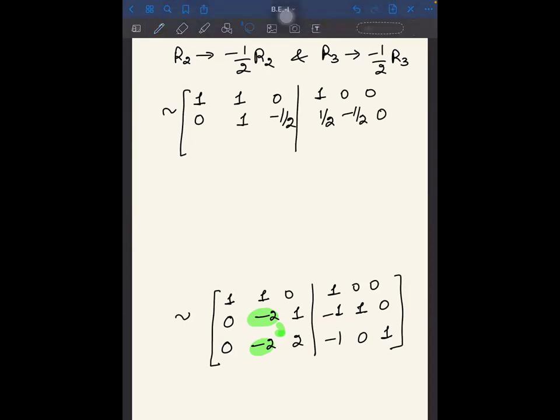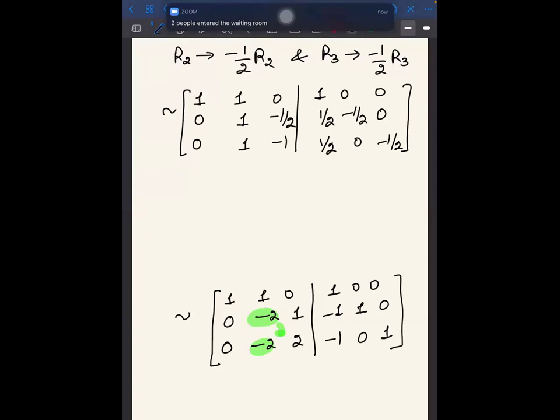Again, in the third row also, you'll divide by minus half. So this will be something like this. Is it fine? Okay. So see this.